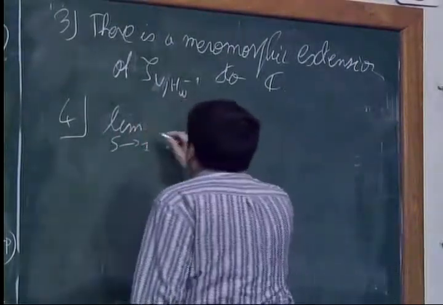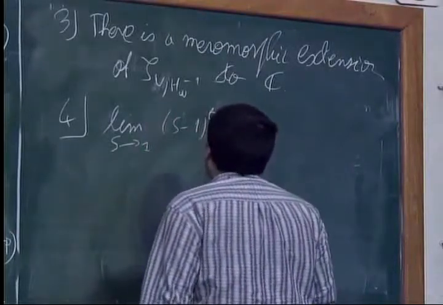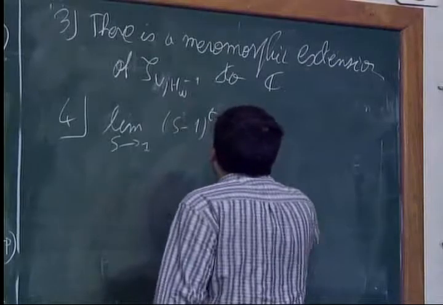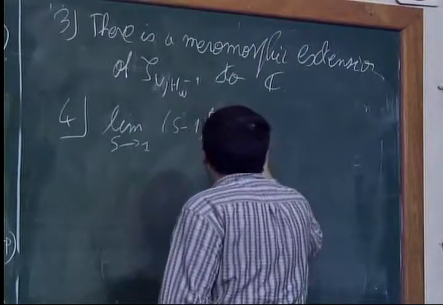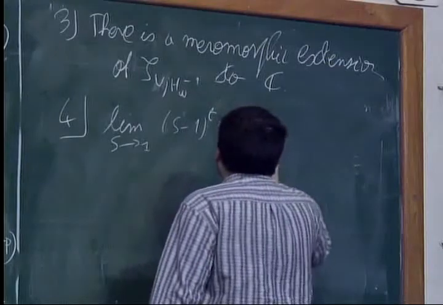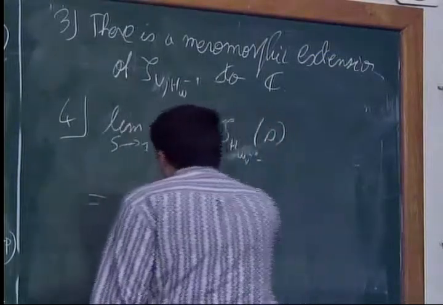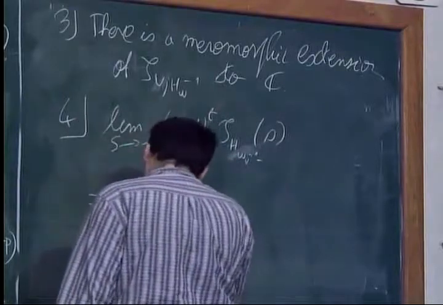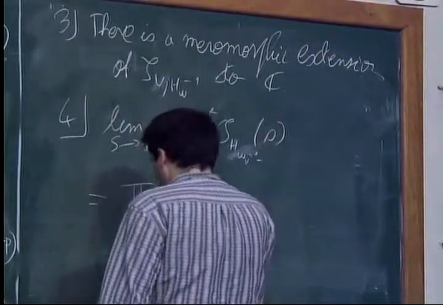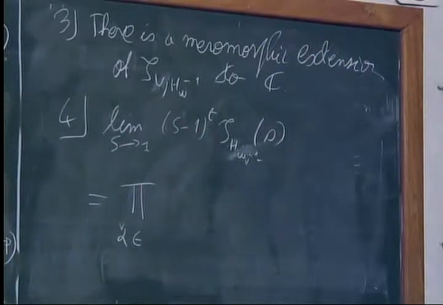When you look at the limit of s minus 1 to the power t times the height zeta function of s, then this is equal to the product of some constant which is a rational factor. So what is this rational factor?